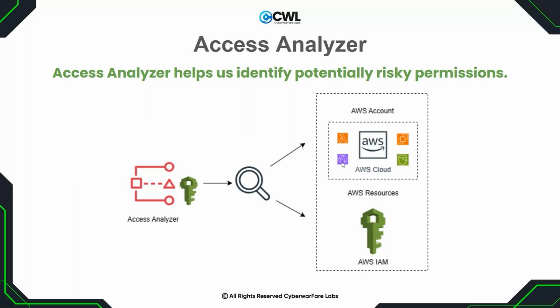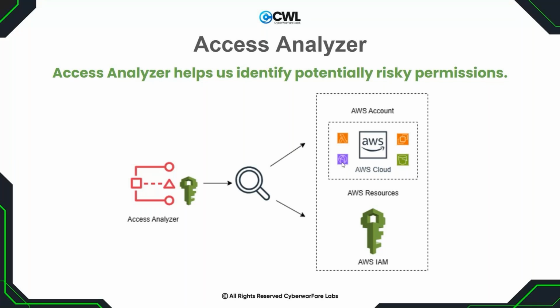It automatically reviews policies attached to resources such as S3 buckets, IAM roles, KMS keys, and many more to detect any configuration that allows external access. This Access Analyzer is critical for maintaining a secure cloud environment as it helps prevent unintended exposure of sensitive resources.